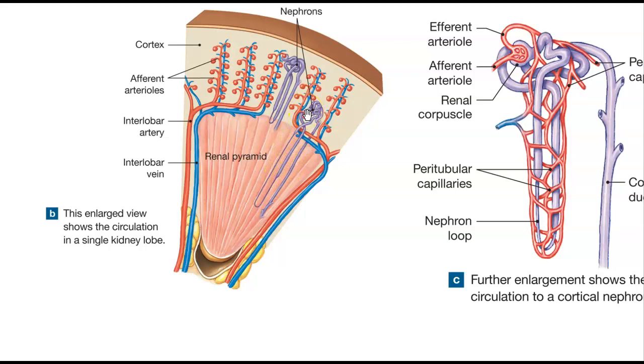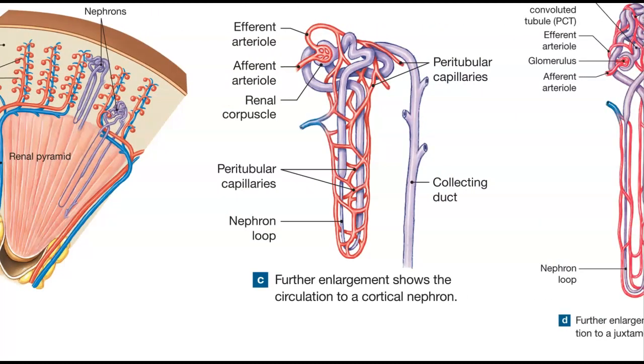So as far as the blood supply to a cortical nephron, here's what you have. You have the afferent arteriole. Remember, these are the little branches from the cortical radiate arteries. The afferent arteriole enters into the glomerular capillaries, or glomerulus. It's worded both ways.